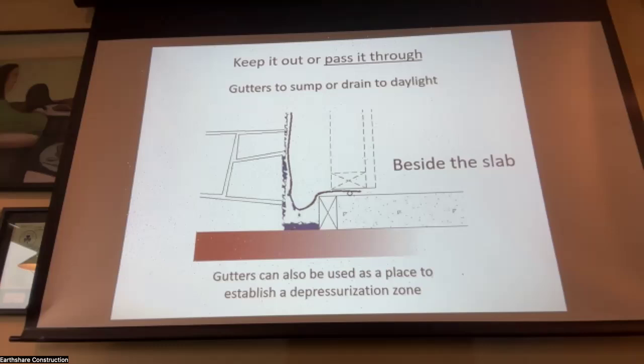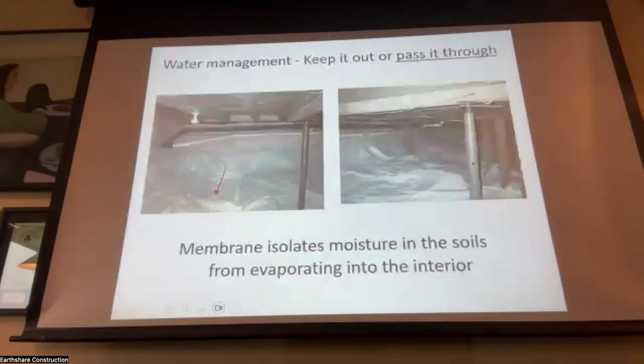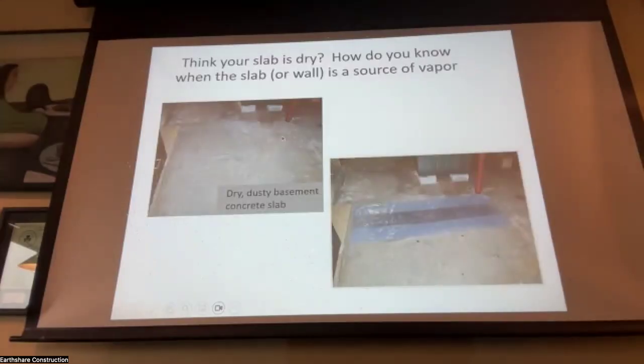Yeah, and I'll show you a cheap way to determine that. Here it is. Okay, so here's your do-it-yourself test for that. You take a garbage bag and lay it on the concrete floor in your basement. The floor is dry and dusty, and you'd say there's no water coming out of that slab at all.